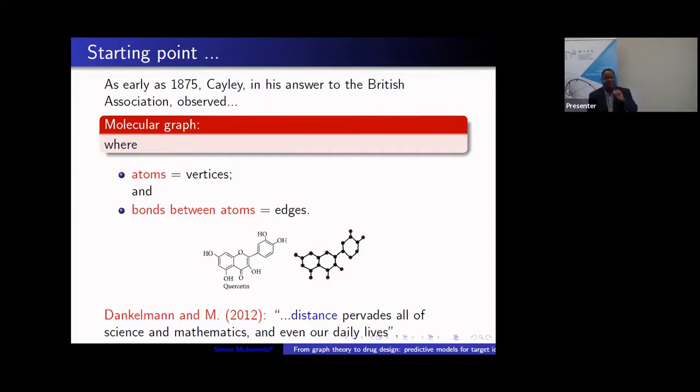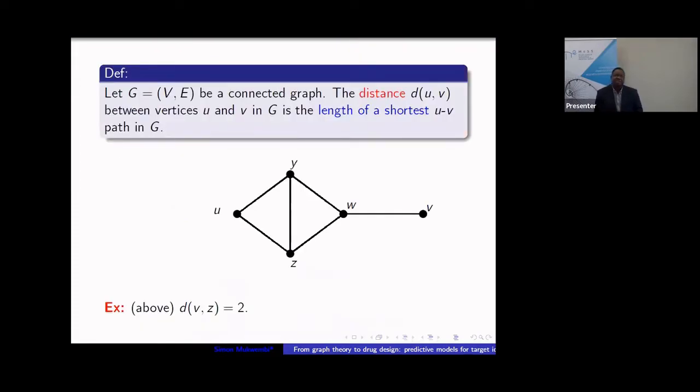Because it pervades all of science and mathematics and even our daily lives. Well, I did not know that that statement really is so accurate, and we are going to see some of the accuracies very soon. So perhaps because I'm going to talk more about that, let me just define the notion of distance between vertices in a graph.